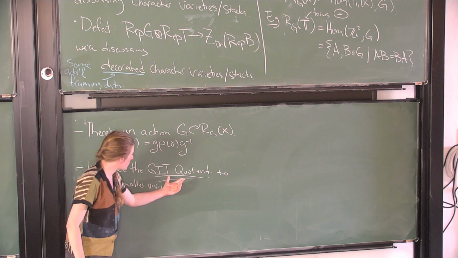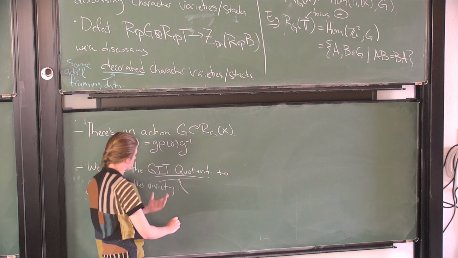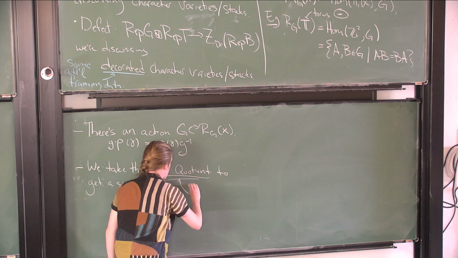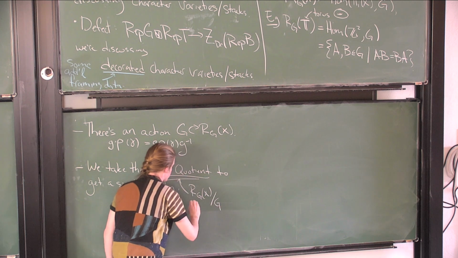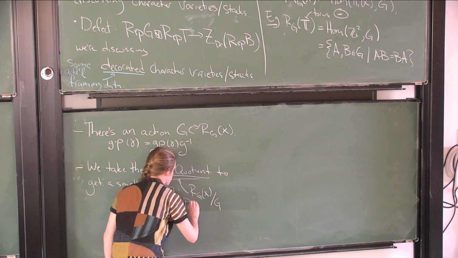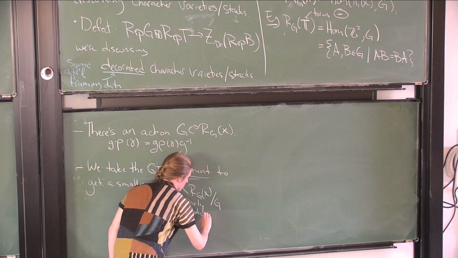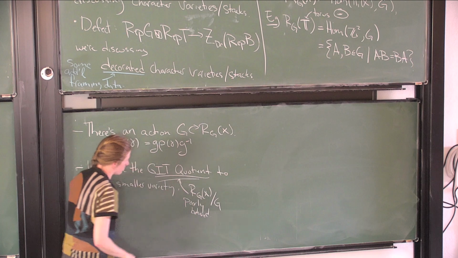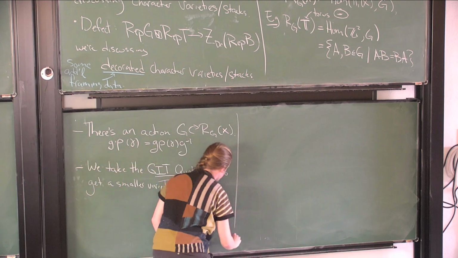And why am I going to be taking a fancy quotient? I'll explain what it is. But basically the reason I would do this is that if I just take the naive quotient, this is pretty poorly behaved. In general, it's not Hausdorff, if the action isn't proper, then it should be bad.